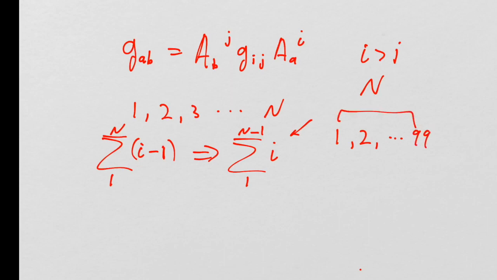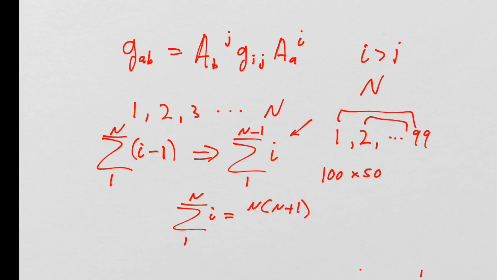He realized 1 plus 99 is 100, 2 plus 98 is 100, so it's 100 times 50. When you work that out, the formula for the sum from 1 to n of I is n times n plus 1 over 2. Using that technique, we substitute n minus 1 and end up with n minus 1 times n over 2.